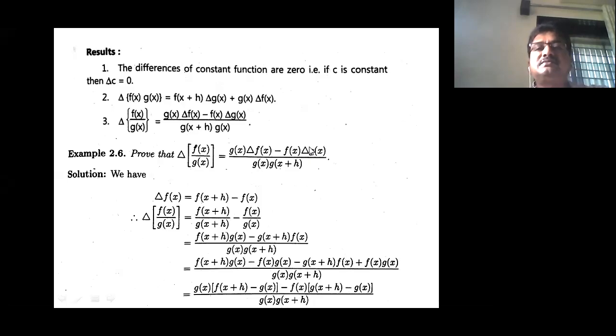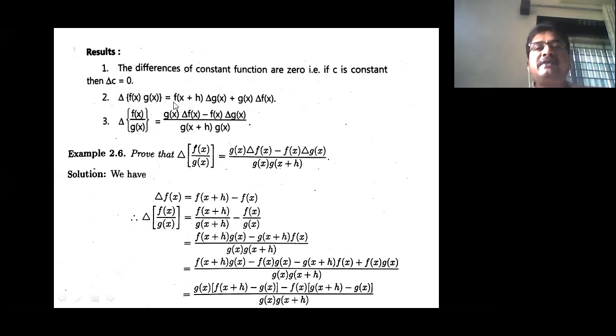Sorry for the trouble. My Microsoft PowerPoint is not working properly. Yes, I started PowerPoint again. This is the rule similar to the u into v rule.